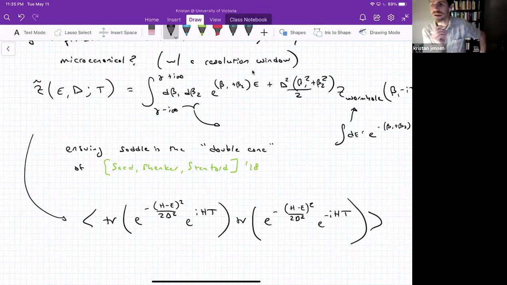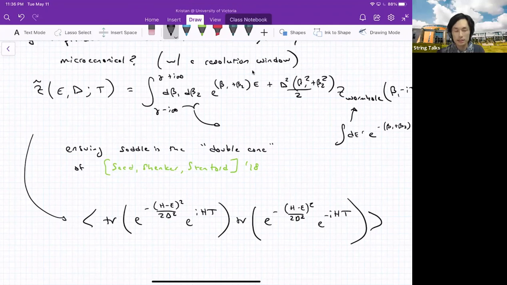So it's giving you a contribution to this. Instead of looking at the density of states per se, it's some fixed energy, like a microcanonical version of spectral form factor. What you do is you smear it a little bit over a width delta. Okay, so that's what delta is.